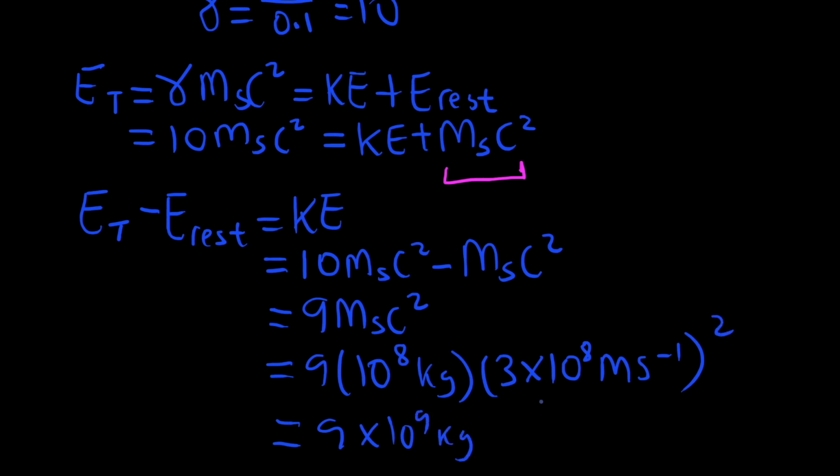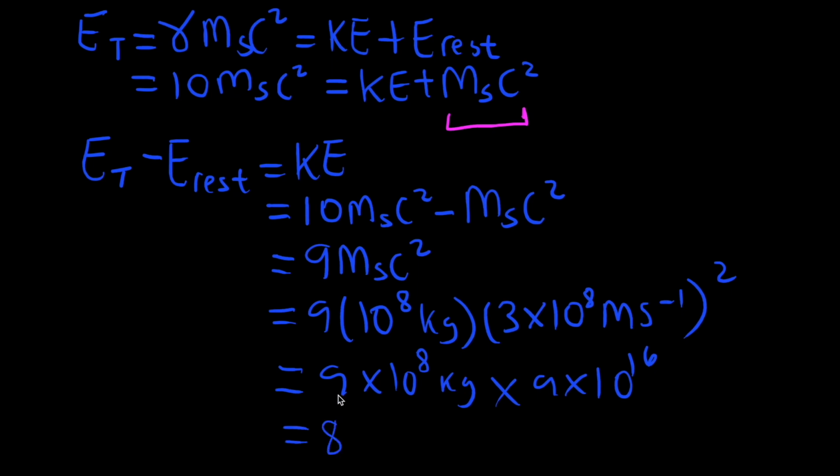And this is equal to, with the square here, multiplied by 9 multiplied by 10 to the power of 16. Sorry, here's 8. And this is equal to 81. So 9 times 9 is equal to 81 times 10 to the power of 16 plus 8 is equal to 24 kilogram meter square per second square.